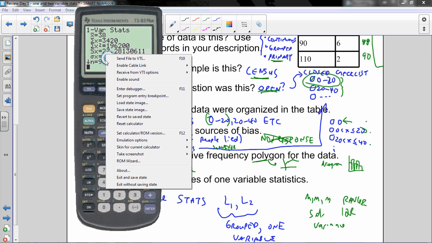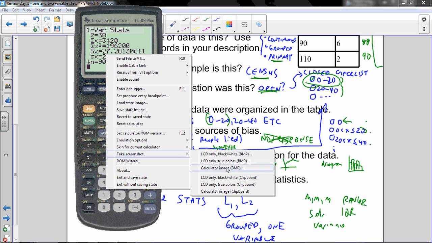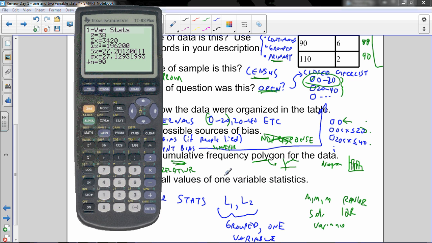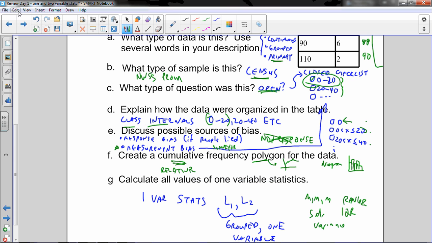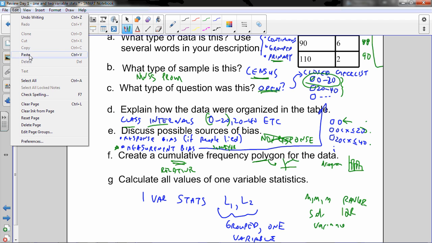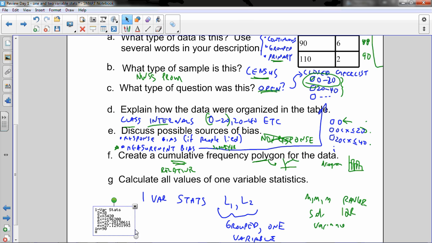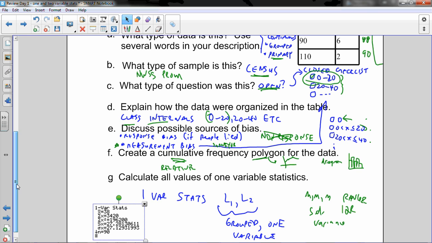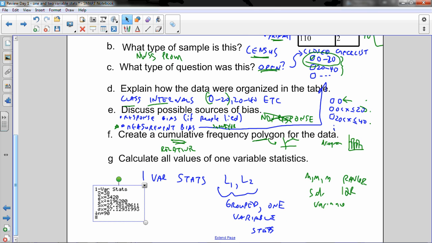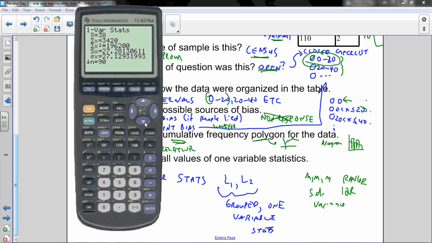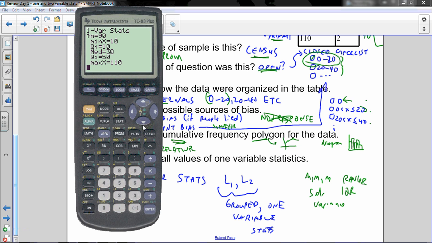In fact, because I'm lazy, I'm going to copy this and put it in here. But the only thing we need to calculate from this is maybe the IQR. And I'll remind you of that. Go down here, get the rest of the goods.